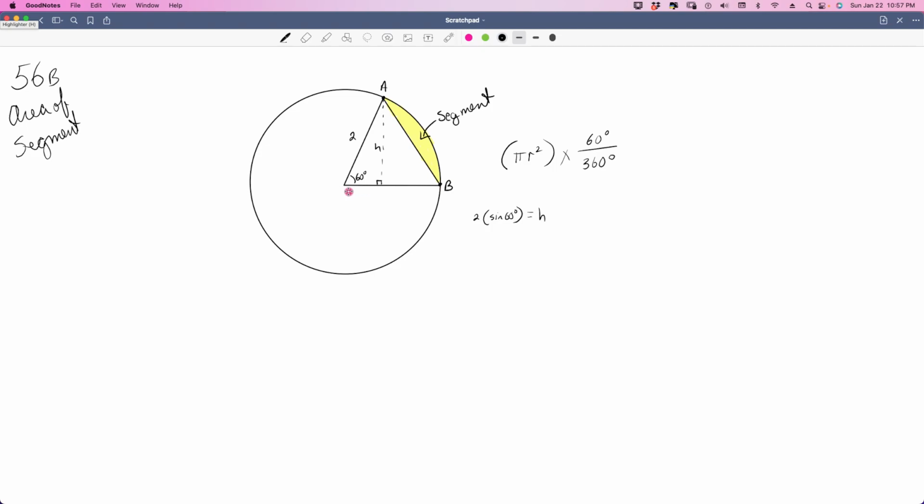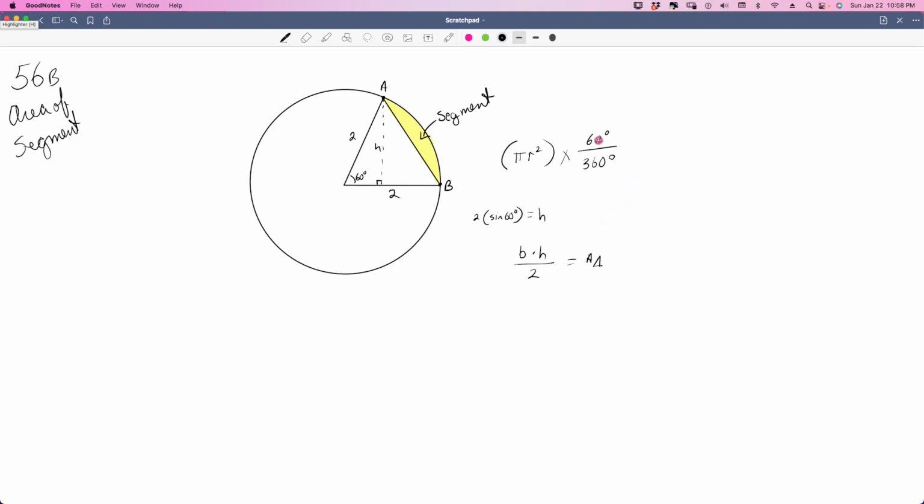And the base is a radius, so it would be 2 also. Once we find the height, we would multiply the base times the height divided by 2. That would equal the area of the triangle.